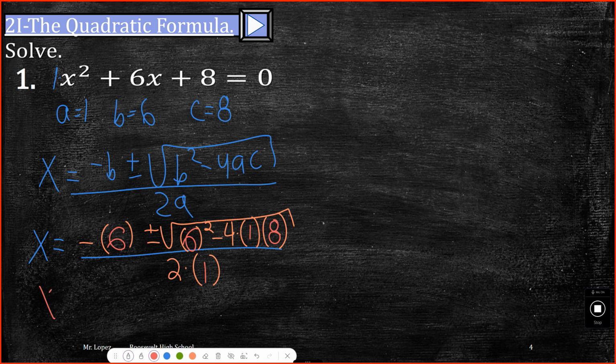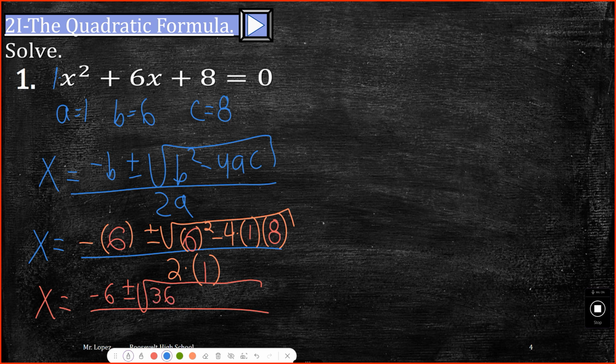And we continue. x equals negative 6, we don't need that, right? Plus or minus the square root of 6 squared. I didn't give you guys calculators. 6 squared is what? 36.